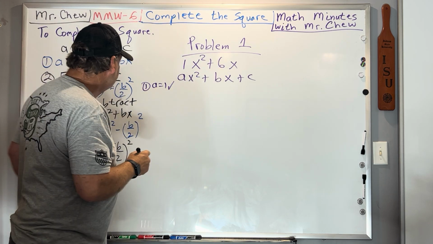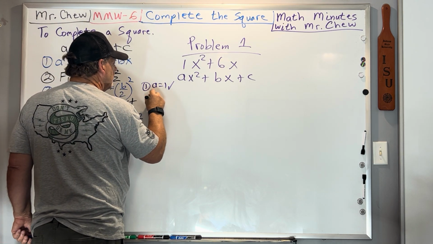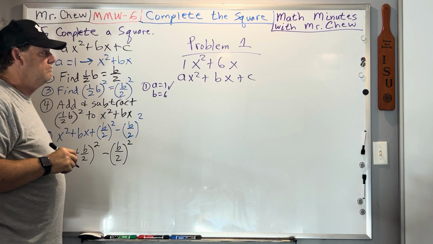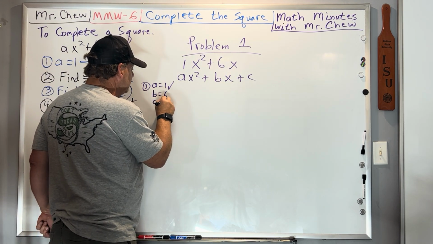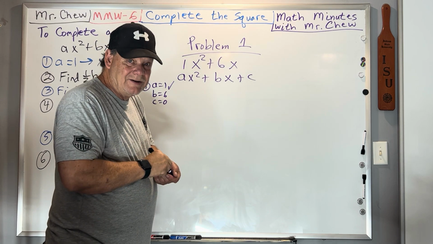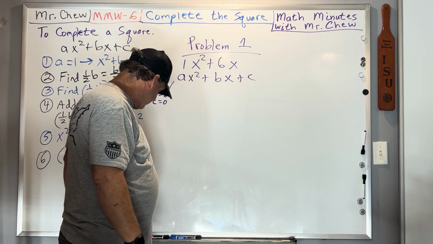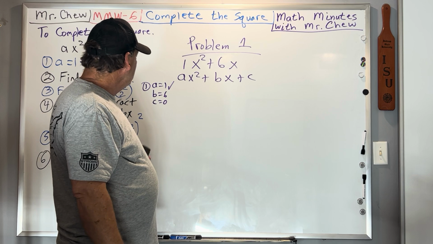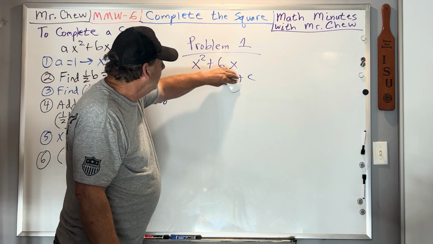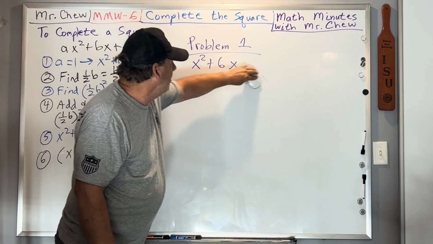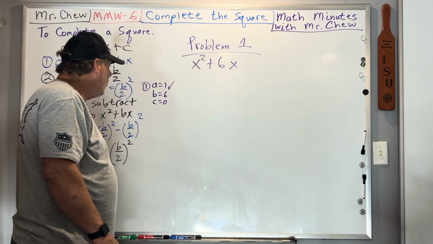My B is 6. My C is 0 in this case. That is really unnecessary right now. I'm just telling you that so that you know. All right, so I'm going to erase this 1 because there's my original problem. We'll erase this standard form here. And now we'll go to step 2.